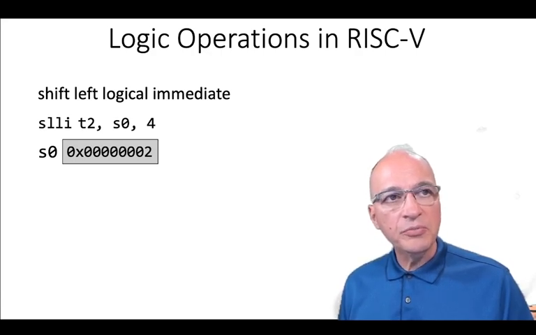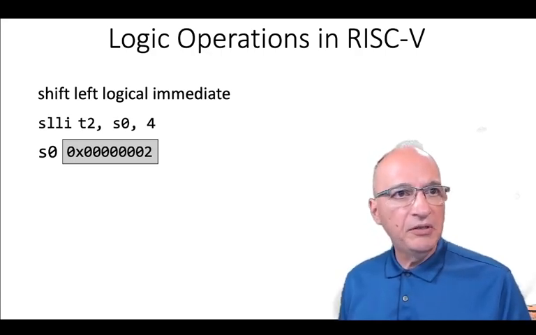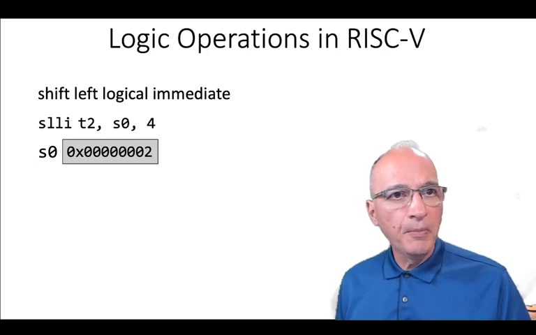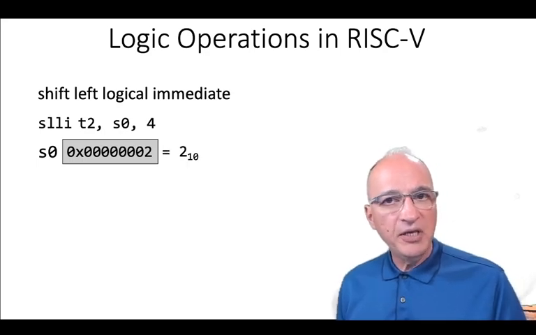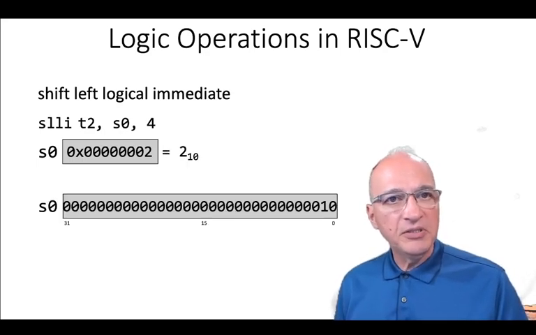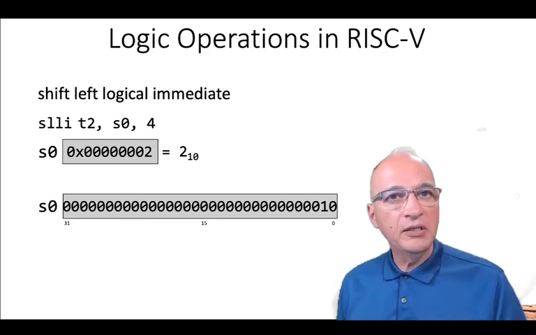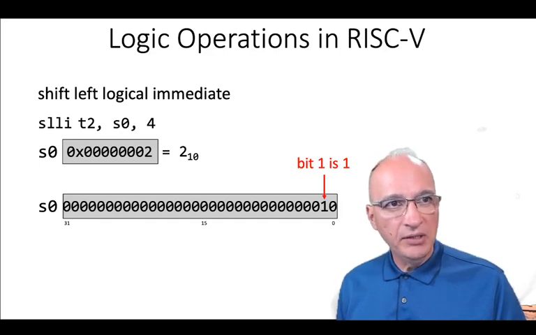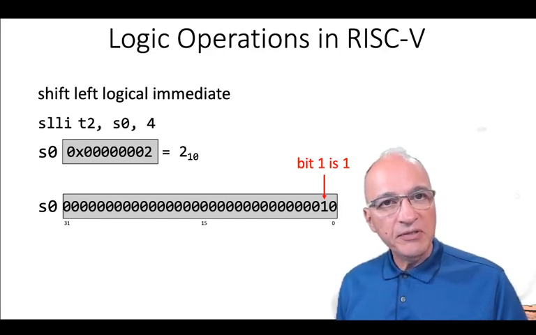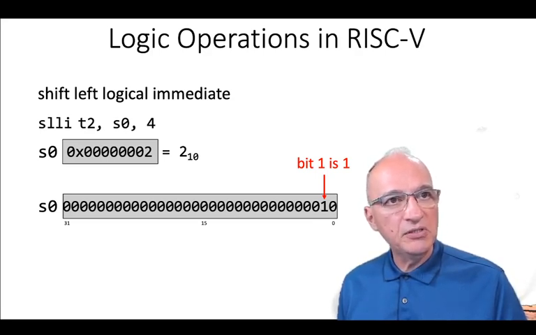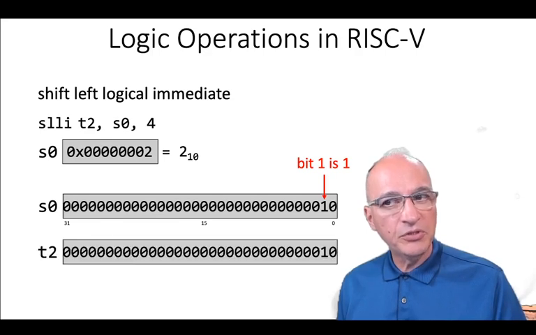So if I assume that the hexadecimal value in S2 is the number 2, which is 2 in base 10, the binary representation of this number has only a 1 in the position of the 2's, so the bit 1 is equal 1. The shift left logic instruction in this slide is telling me that I'll be shifting this number to the left by 4 positions.